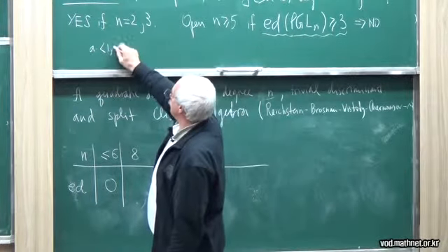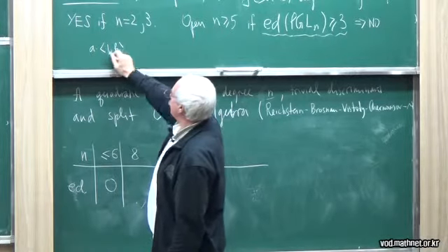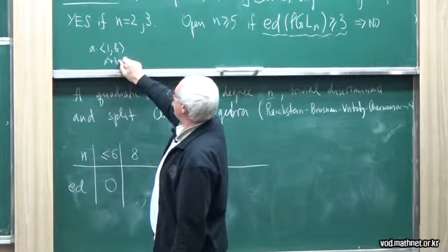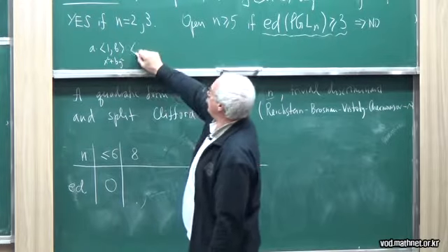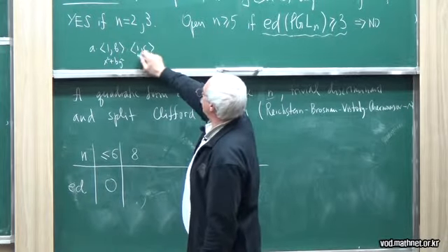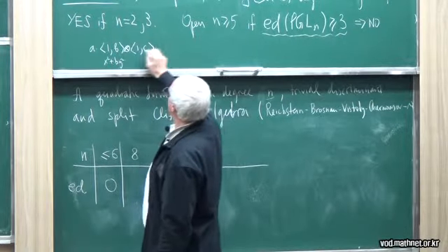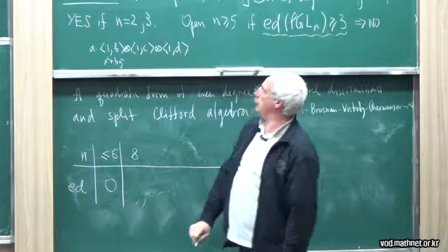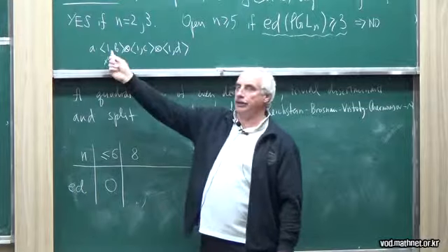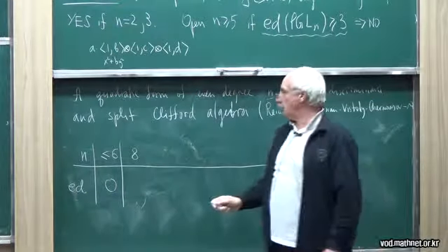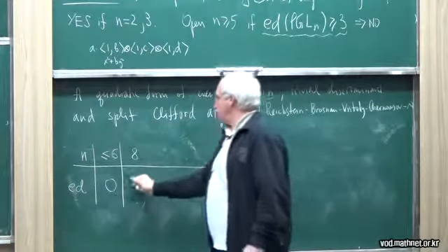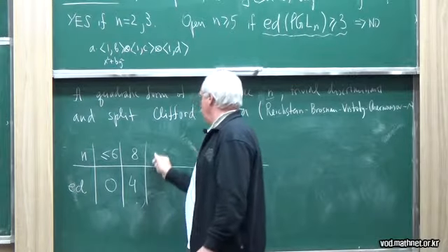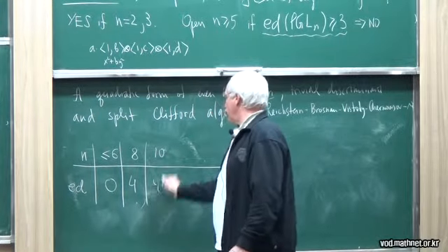This is a form <<a,b>>, that is, x squared plus b y squared for short, tensor <<c>>, <<d>>, the tensor product of these forms. It's called a Pfister form, and it's a multiple Pfister form. So you count the number of parameters, you see it says 4. For 10, it is also 4.